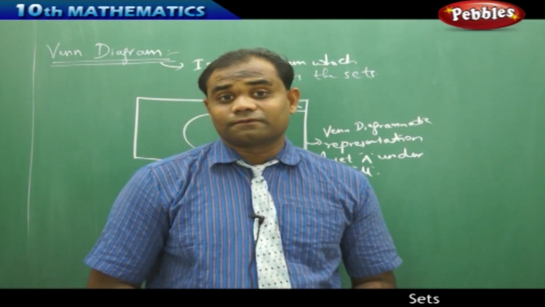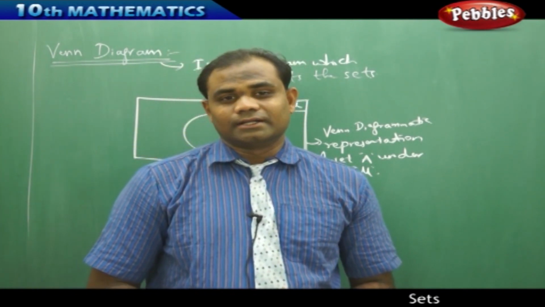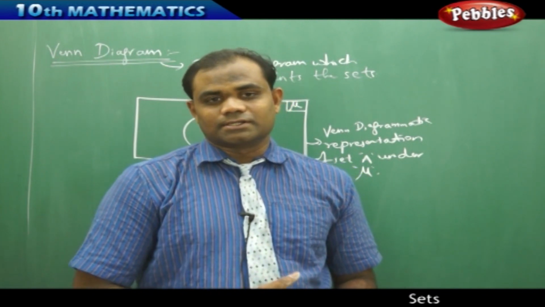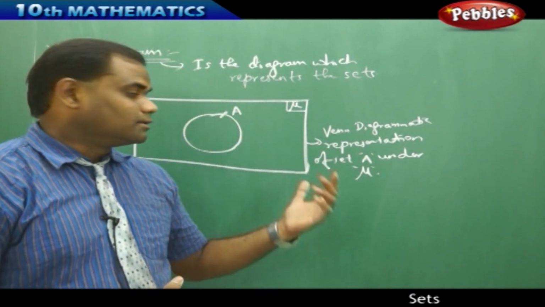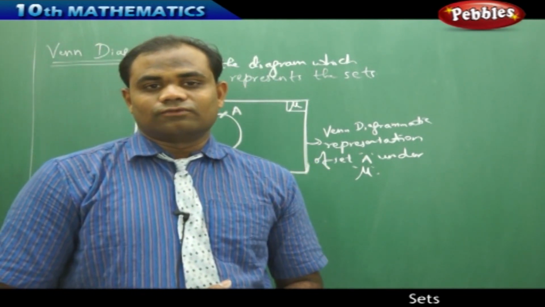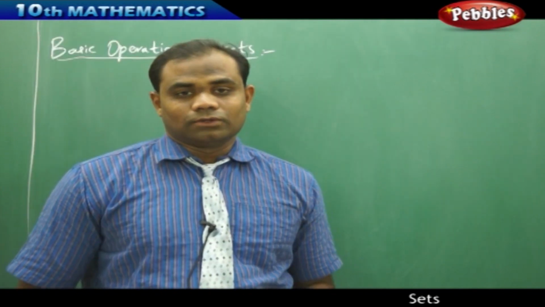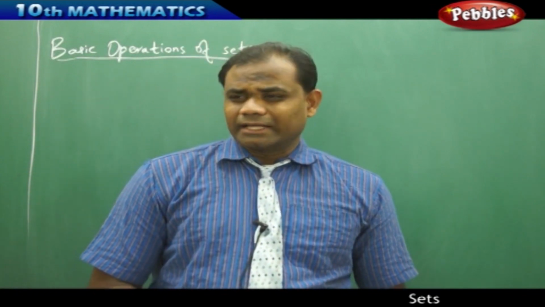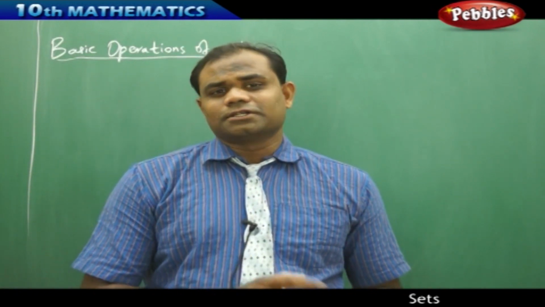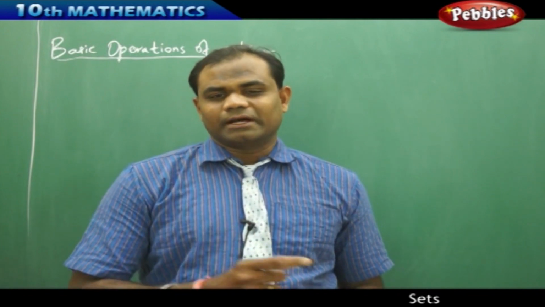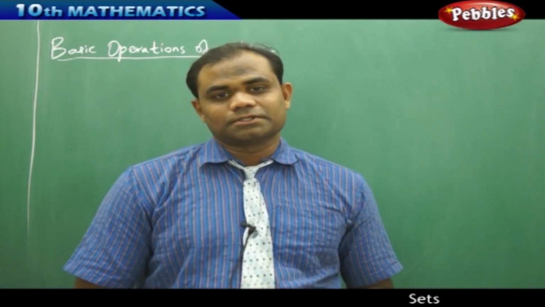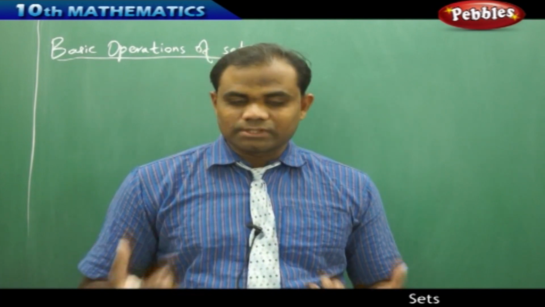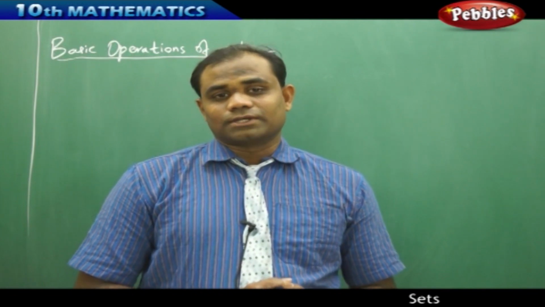To start with, union of sets. The first operation in sets is the union. So let's see what the union operation is and understand the definition and the diagrammatic form for understanding all the 4 operations. Just like when 2 numbers are added, addition is the operation, when they're subtracted, minus is the operation, when they're multiplied, multiplication is the operation, and when we divide, division is the operation. Similarly, 2 sets also have a few basic operations.